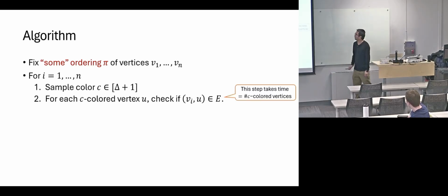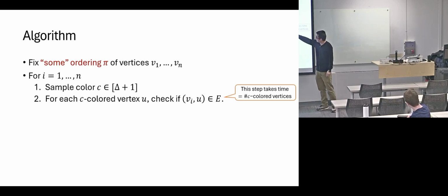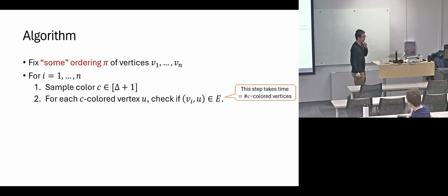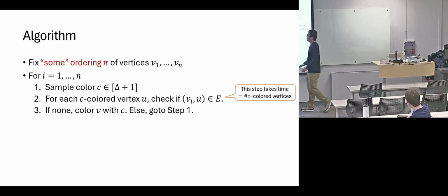So what you do here is you spend time proportional to the number of vertices of color C, right? Not the number of your neighbors, just proportional to this. And if none of the vertices with color C is adjacent to v_i, it means that you can color v_i with C. Else you just repeat.